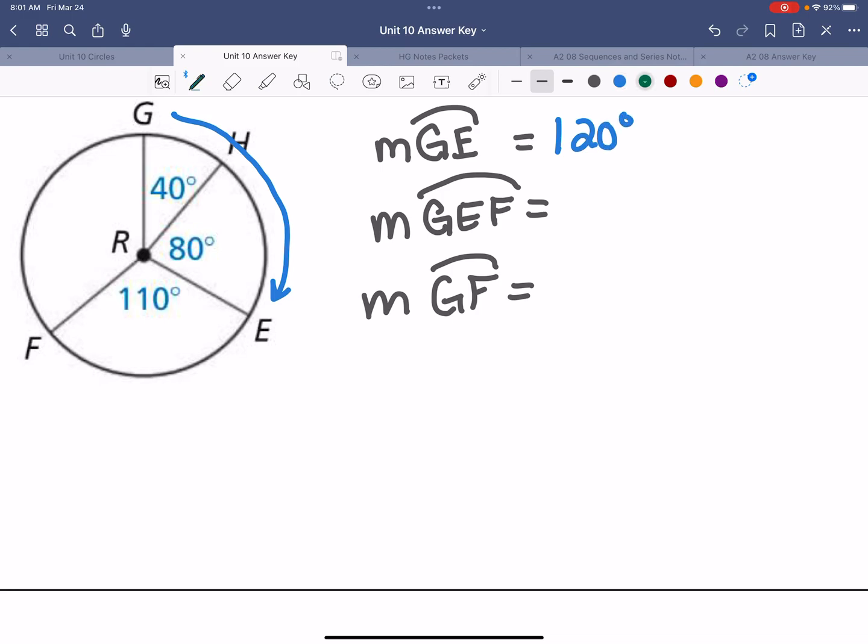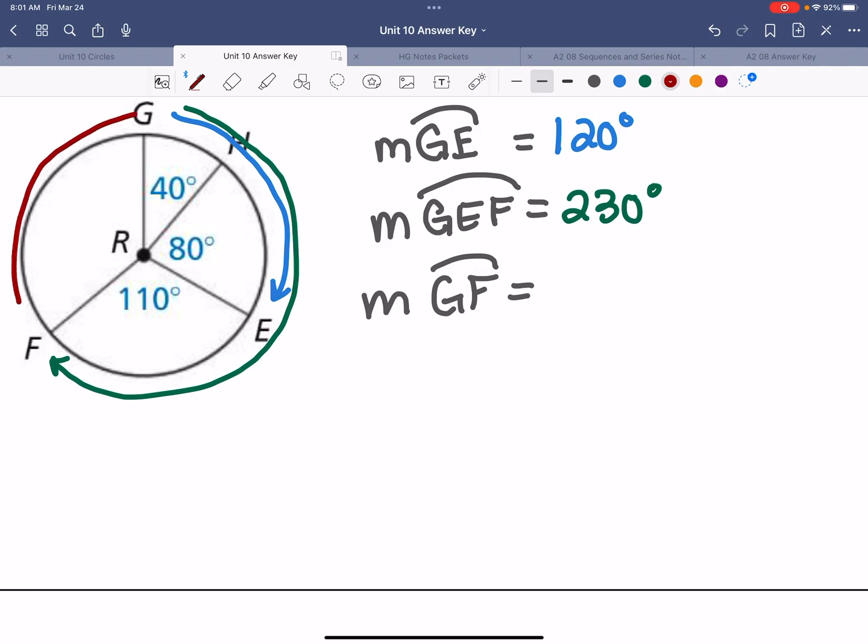My next one is going to be GEF, so I'm going to come all the way around, which gives me 120 plus 110, which is 230 degrees. And then finally, GF, which is this little sliver on the other side, so the part that I haven't used yet, and that's 130 degrees.